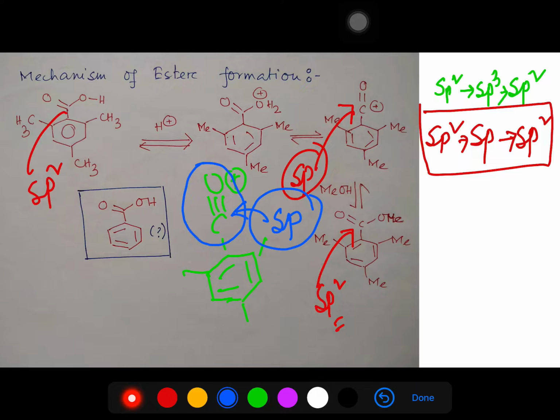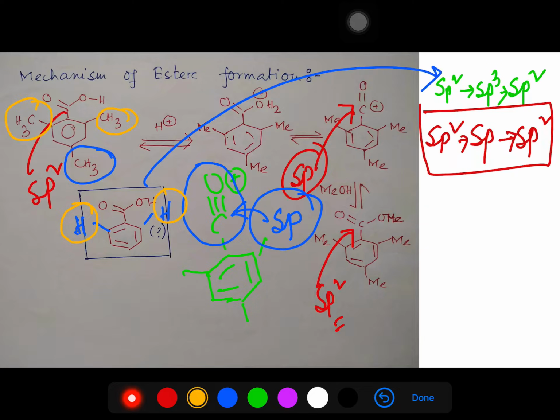And please keep in mind that common acids, simple benzoic acid, also follow this path. In case of benzoic acid, it is sp2 to sp3 to sp2, whereas in case of mesitoic acid, the difference is only these two groups. This hydrogen is a dummy group, so we will not focus on it. Actually this group is there, but it doesn't have any significant direct influence on the reaction. So here there is hydrogen and there are 2 methyl groups, and what is the effect of these 2 methyls?